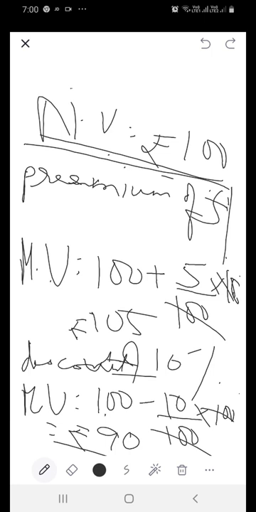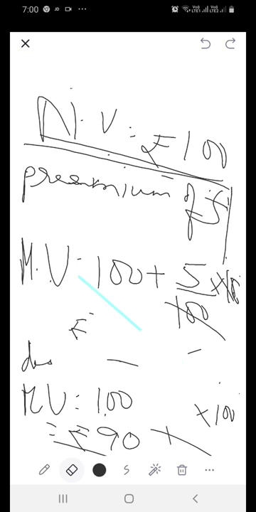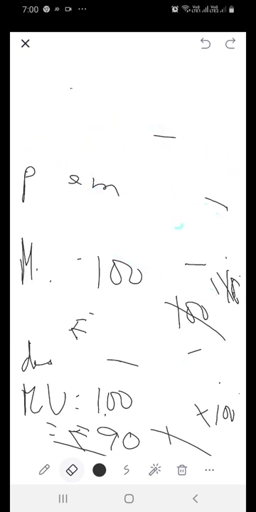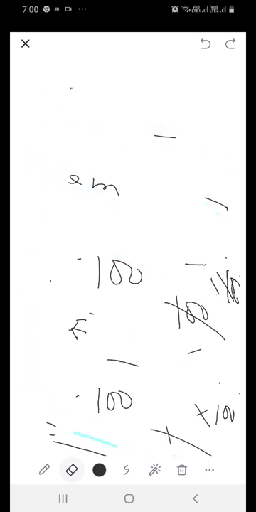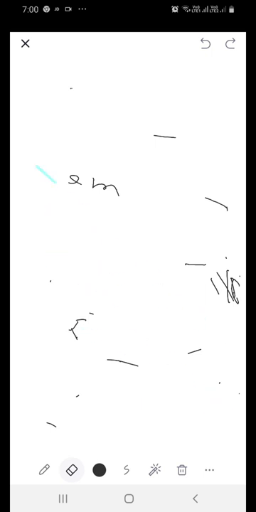Now I have already written two formulae for you, and I have also shown you how to find the market value if it is given in the form of a premium or discount. Now I'm going to write the third formula for you. Third formula is to calculate your profit percentage, means whatever dividend you are getting.